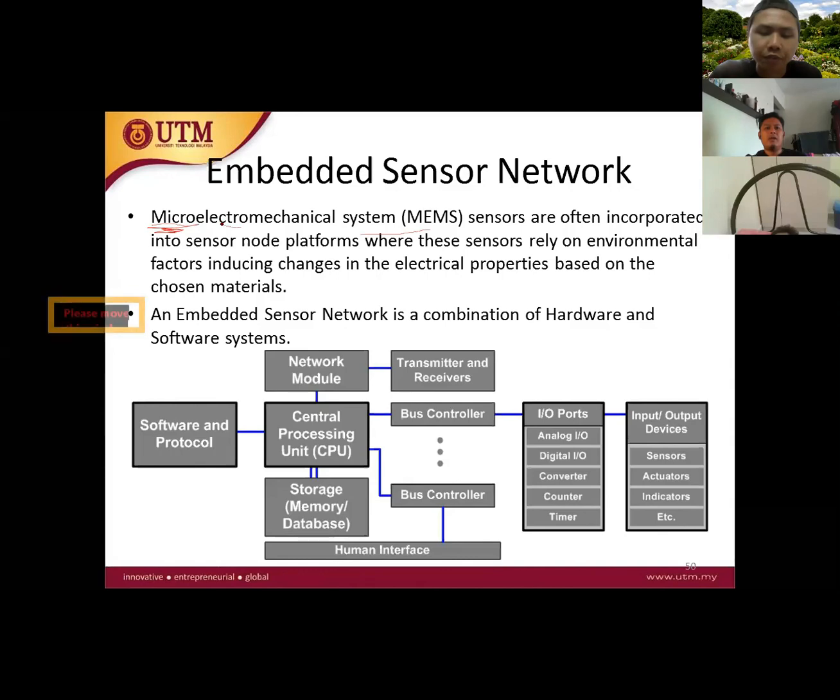Electromechanical means that it can also act as an actuator, rather than only a sensor. It is often embedded into a sensor node platform, and it is basically a combination of a hardware and software system. So you can see this is the basic architecture of a MEMS system.